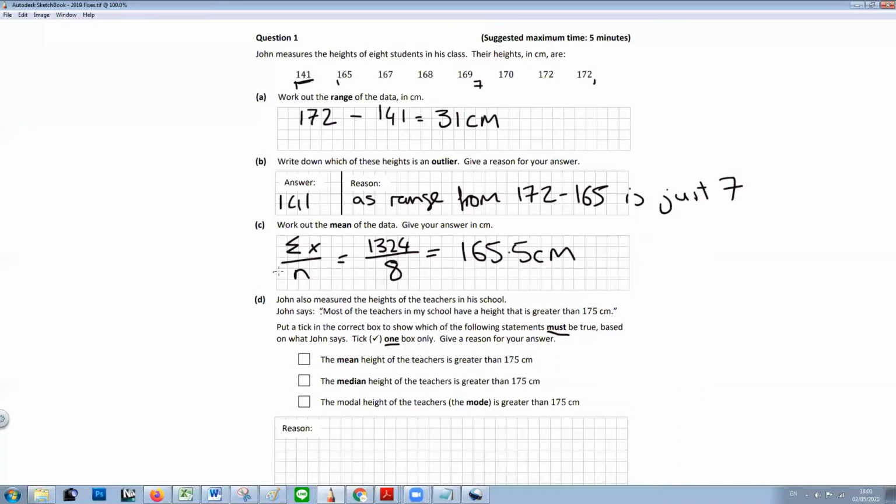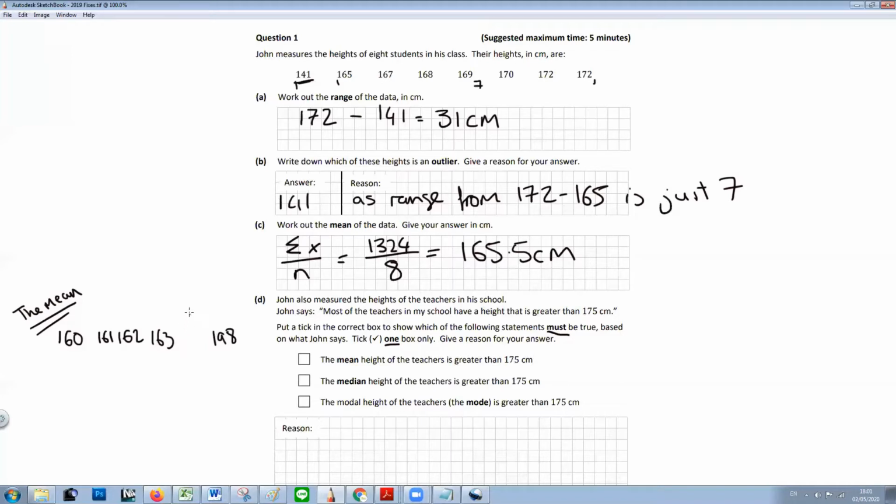We can't use this. I'm going to write the mean so that if someone was looking, they'd know what we're referring to. So this is the mean. Supposing we had 160, 161, 162, 163, but we also had 198.